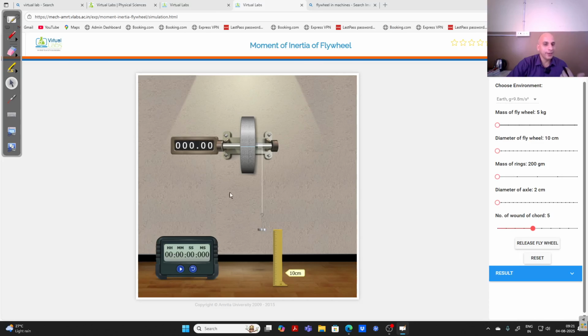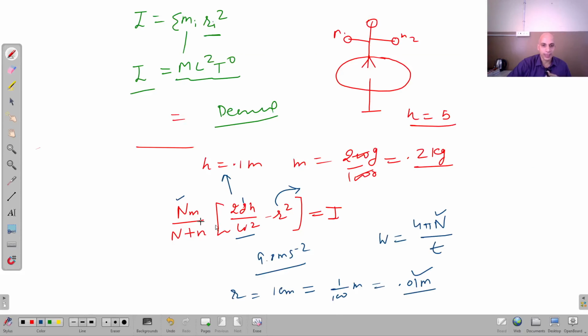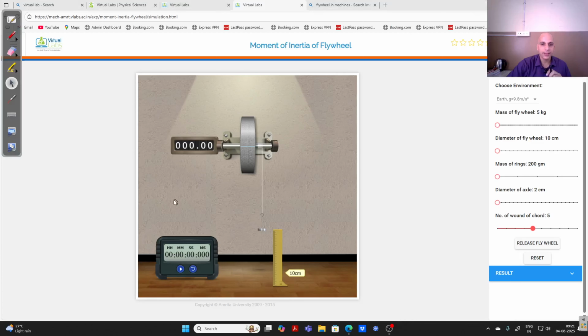So you will record the number of rotations that this flywheel takes after the detachment of the mass till it stops, and you will record the time for that entire period. That will give you capital N and small t that are required for this entire calculation. Otherwise all these things we have already got. So let's start the experiment. Release the flywheel, right?